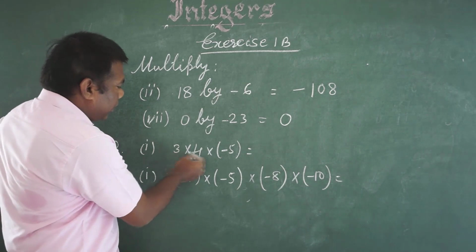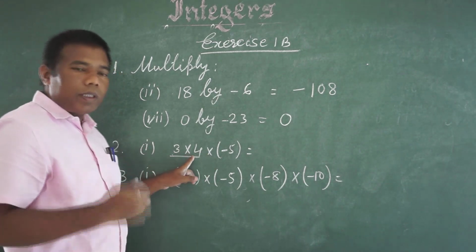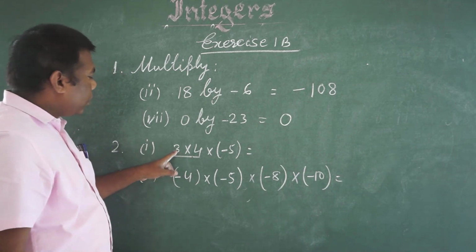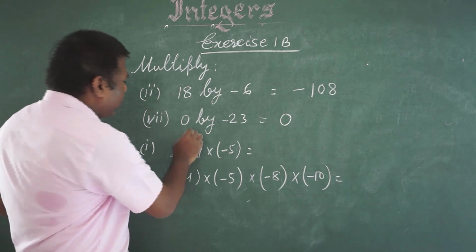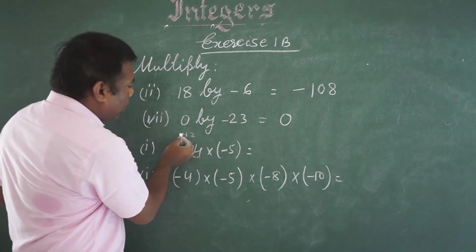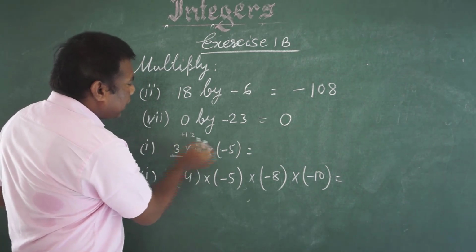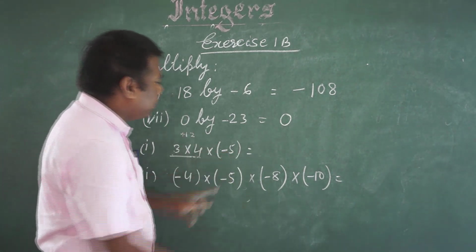Here you have positive and positive, both the same sign, so positive. So 3 times 4 is 12, and then 12 times 5. You have 12 in positive and 5 in negative, so opposite signs, and the product will be negative. So 12 times 5 is 60.